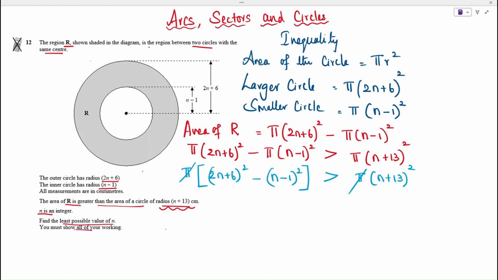Now what we have to do is expand our brackets. And so we're going to start off with our 2n plus 6 the whole squared. For these kinds of brackets in the form of a plus b the whole squared, we can expand it as a squared plus 2ab plus b squared.